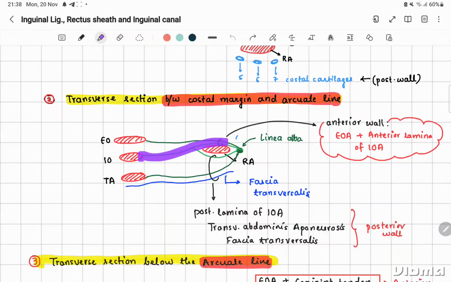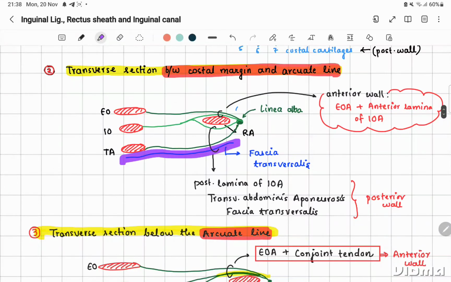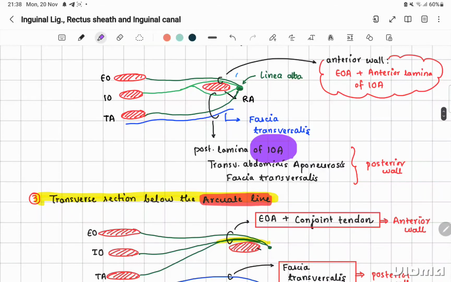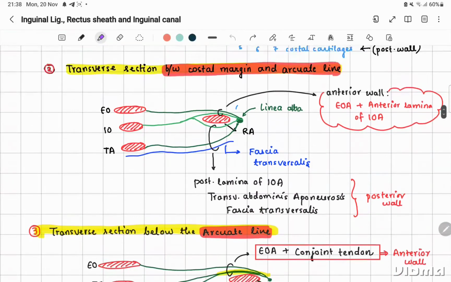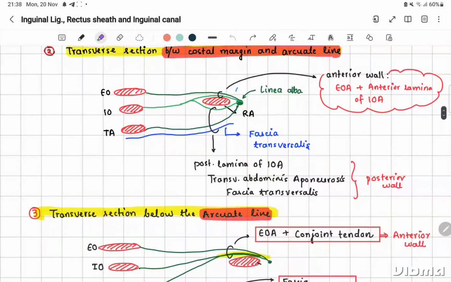The aponeurosis of the internal oblique is dividing, and the transverse abdominis also converges in the linea alba. Then we have the posterior lamina of the internal oblique aponeurosis, the transverse abdominis aponeurosis, and the fascia transversalis, which is the blue one.